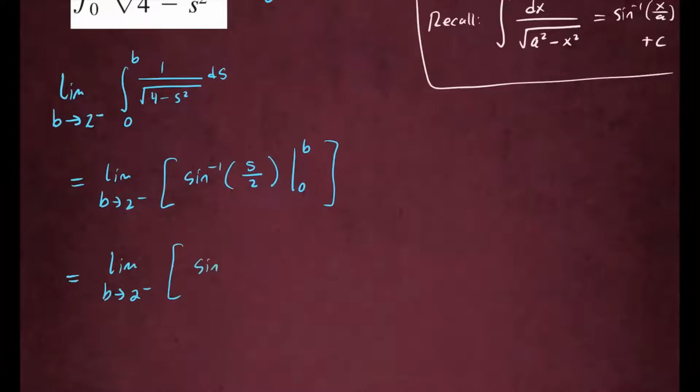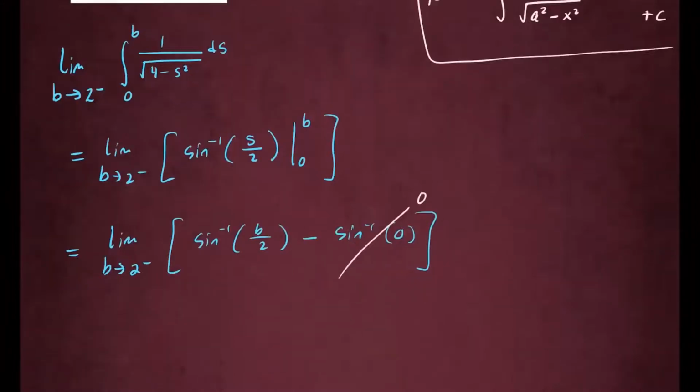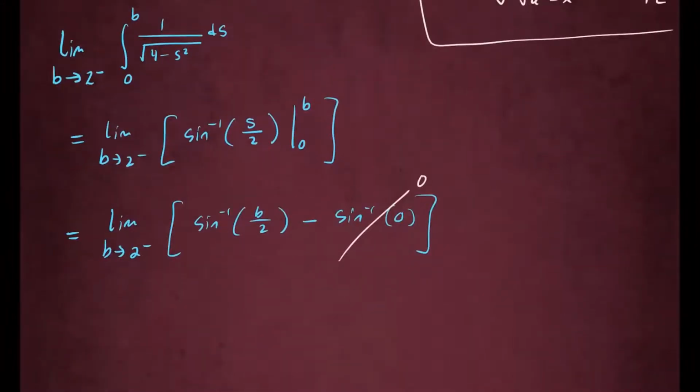So we have sine inverse of b over 2 minus sine inverse of 0. And by now, we know sine inverse of 0 is 0, so that goes away. So we're only taking the limit as b approaches 2 from the left of sine inverse of b over 2.